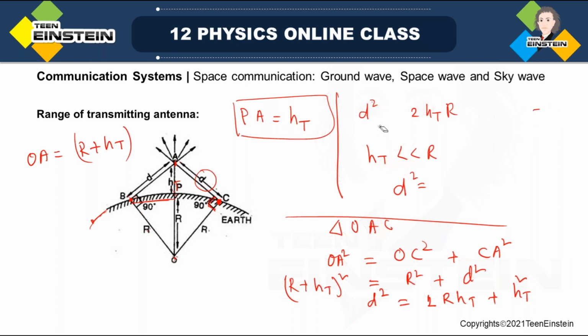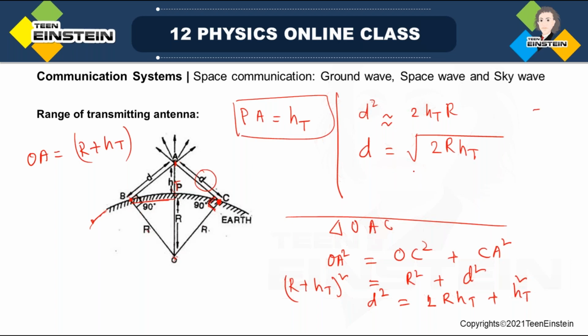After approximation you will get d square is equal to this, and hence we can find out that d will be root over 2R ht.